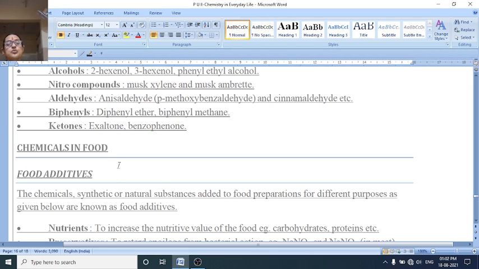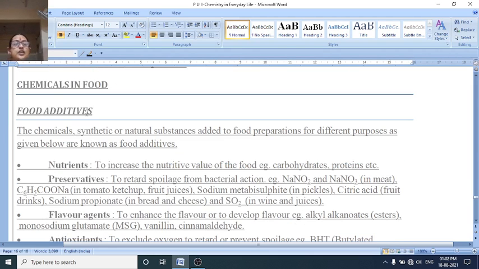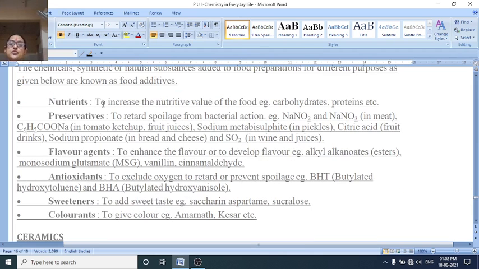Next, let us move on to the next section called chemicals in food. One is food additives: the chemical, synthetic or natural substances added to food preparations for different purposes as given below are known as food additives. One is nutrient, to increase the nutritive value of the food, for example carbohydrates, proteins, etc. are added.